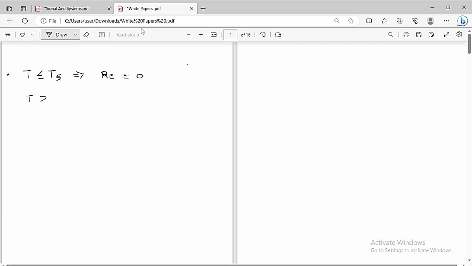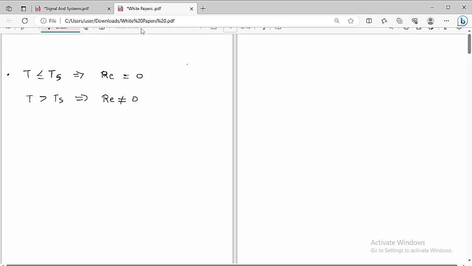Suppose T is greater than Ts, then the reconstructed signal from the samples is no more the original signal. So you can see clearly, if you sample the original signal at a period less than or equal to the sampling time period, then the reconstructed signal from the samples is always the original signal. But if you sample the original signal at higher than Ts, the reconstructed signal from the samples is no more the original signal.